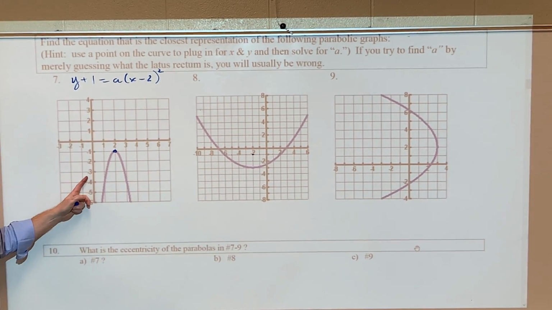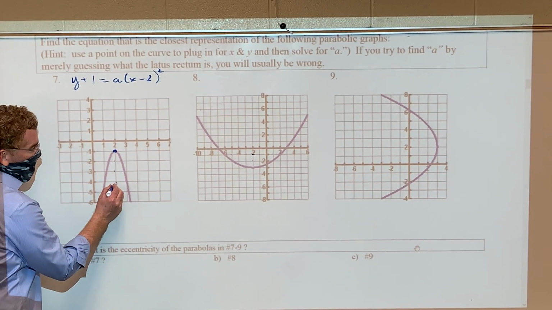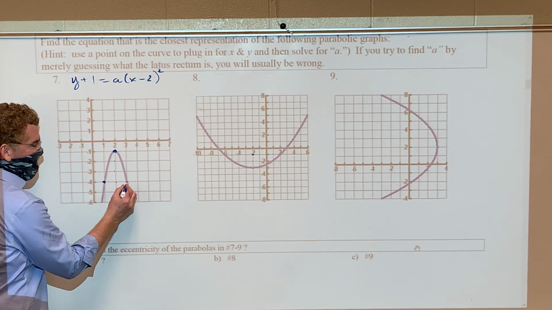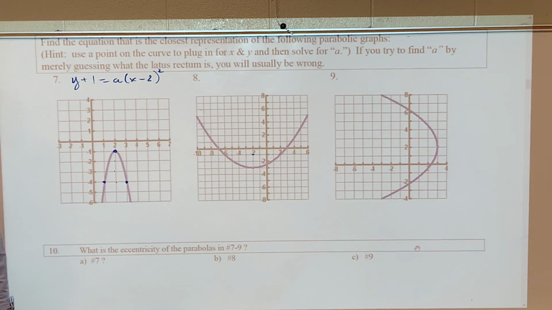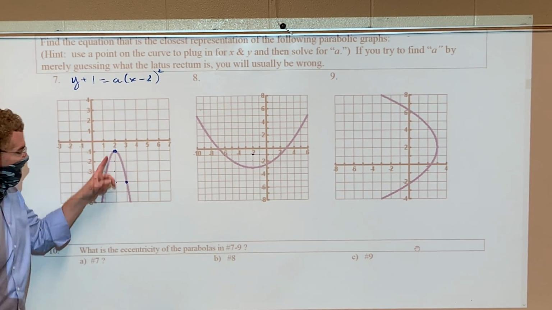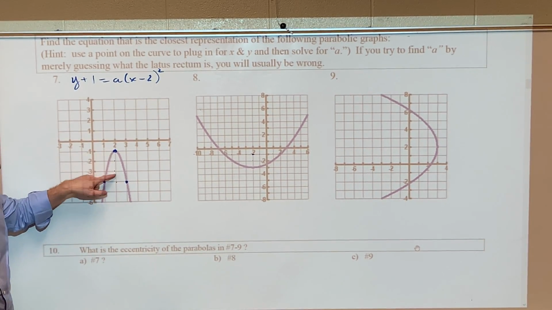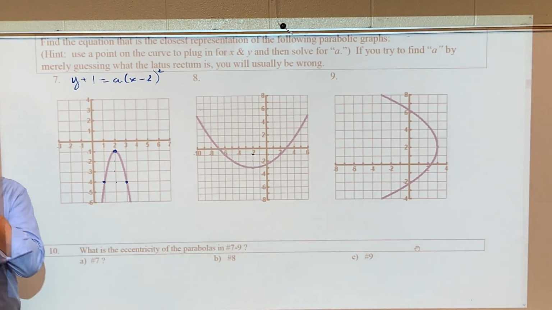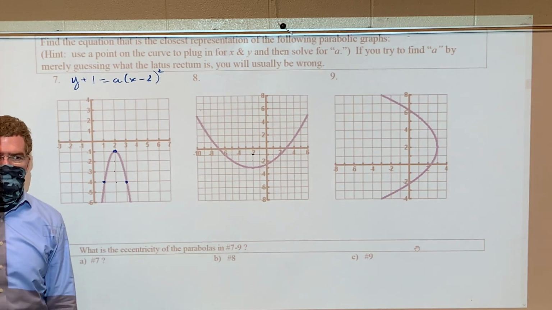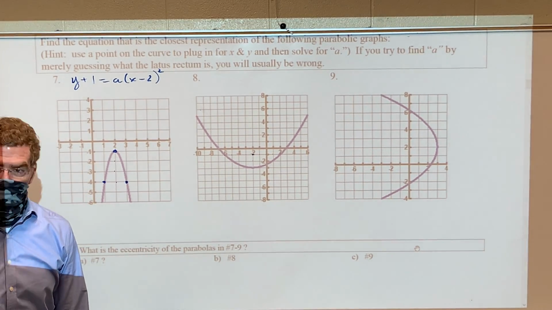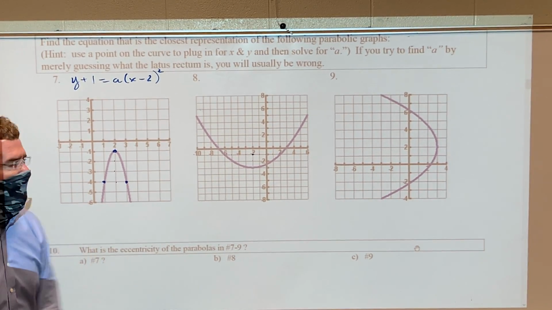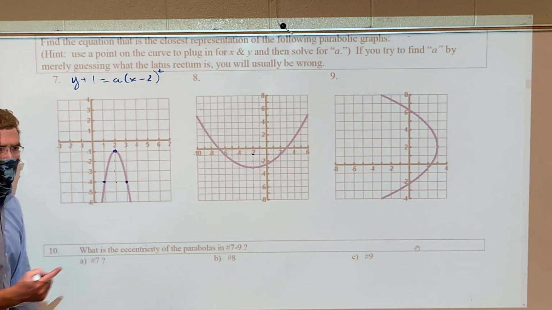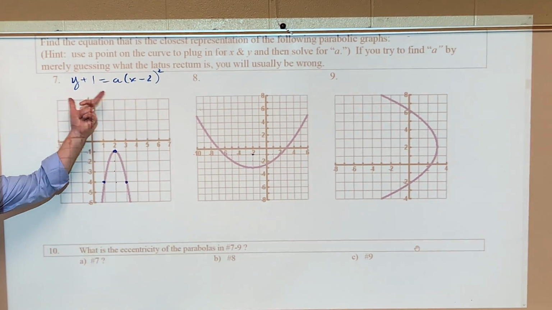Or look at this. Down 3 over 1 over 1. What does that look like? Now, if you don't see that exactly at down 3 over 1, like look, at down 2 it wasn't over 1. At down 4 it was past 1. But if you're lucky enough to see that, great. But if you're not lucky enough to see it, which you probably won't be on a test, just pick any point that you feel confident in and plug it in like we've been doing.